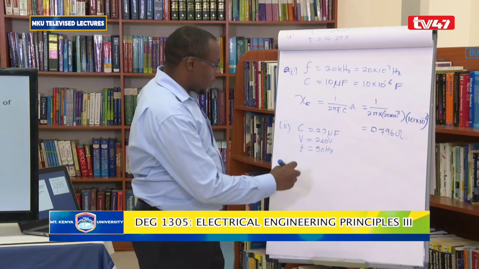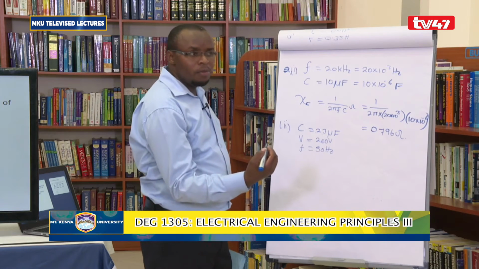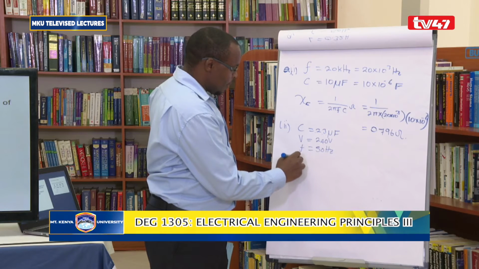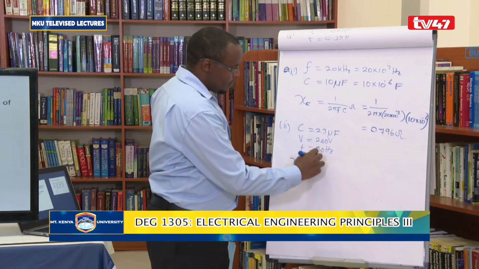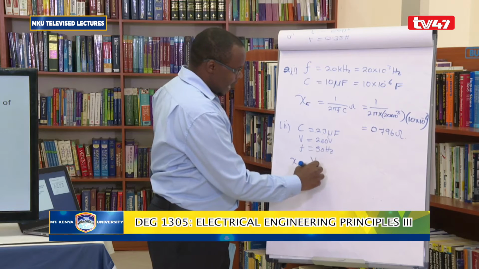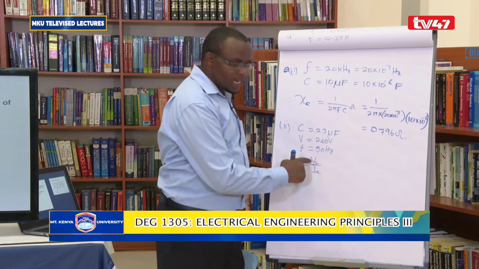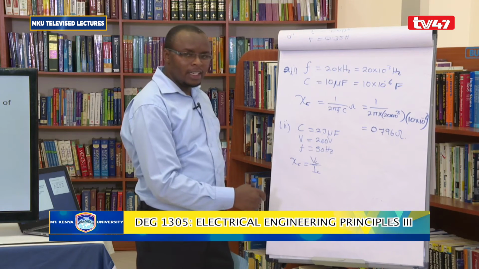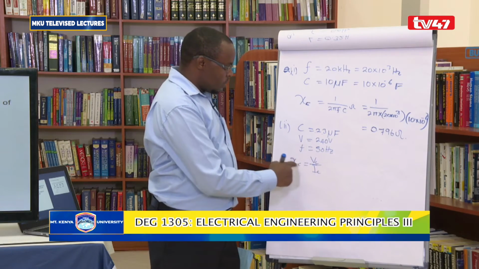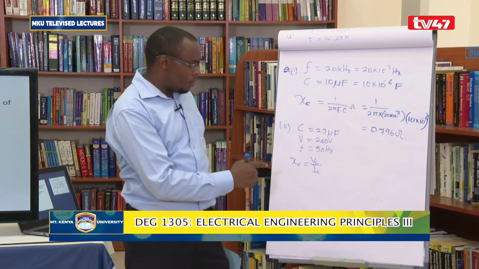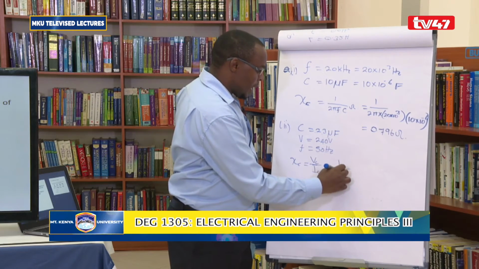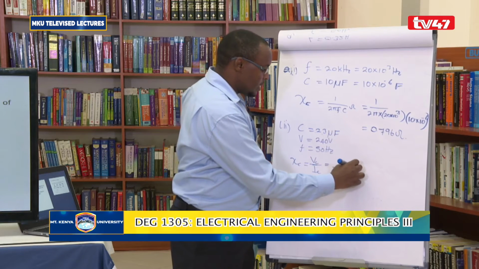Here we write the formula for the reactance of the capacitor, which is given by VC over IC, the voltage across that capacitor divided by the current across that capacitor, and here you make I the subject of the formula. We have seen this can also be given by 1 over 2 pi FC, in ohms.